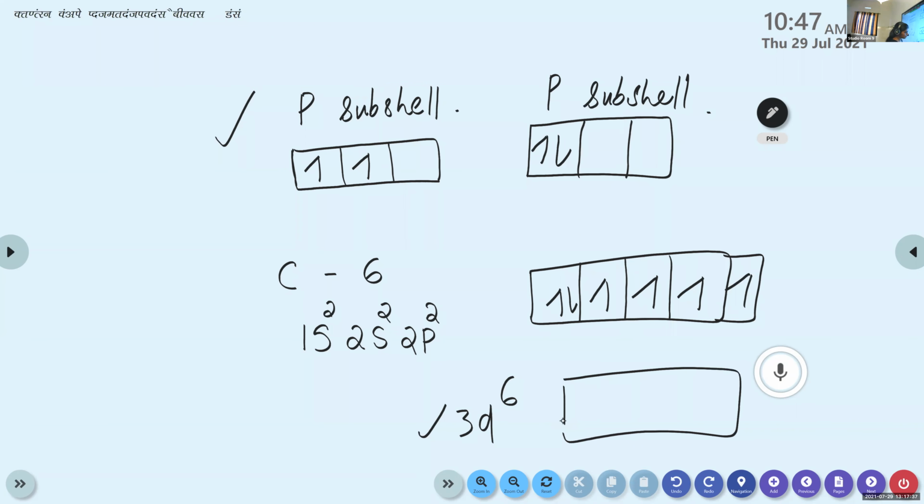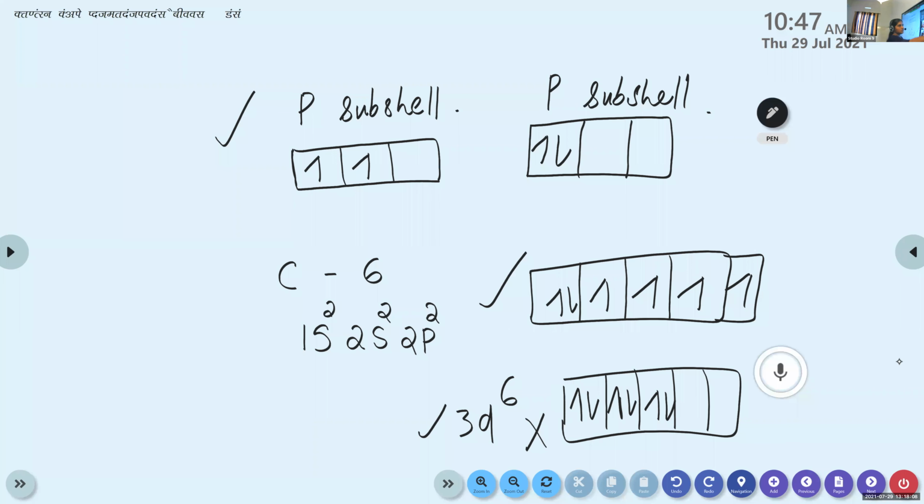There is another option here, but this method is wrong and this one is right. After each orbital is singly occupied, you can follow the filling of electrons in the same orbital. Okay, that's the meaning of Hund's rule of maximum multiplicity.